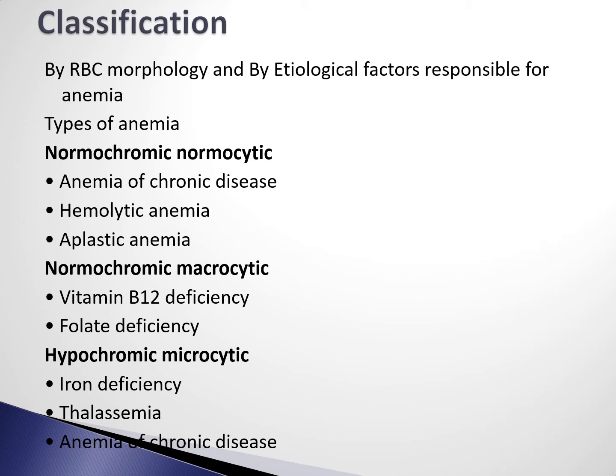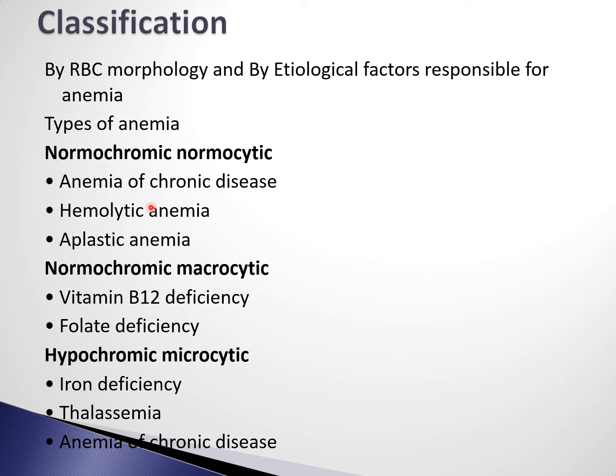Now, as far as classification of anemia, we'll go either with the morphology of RBCs, or the etiological factors which are responsible for anemia. According to morphology of RBCs, you have normochromic normocytic anemia, then normochromic macrocytic anemia, and the last is hypochromic microcytic anemia.